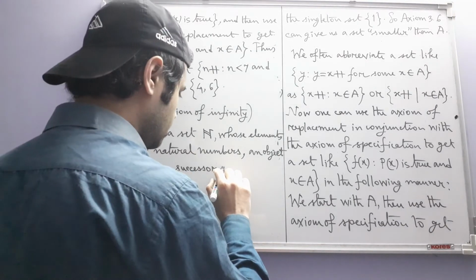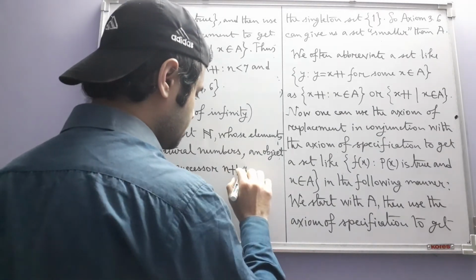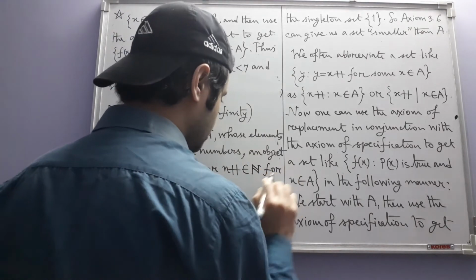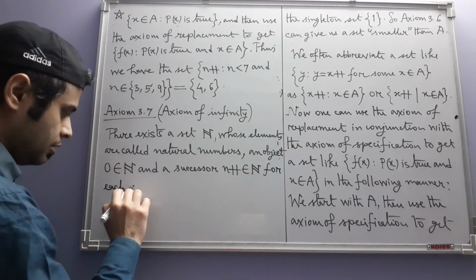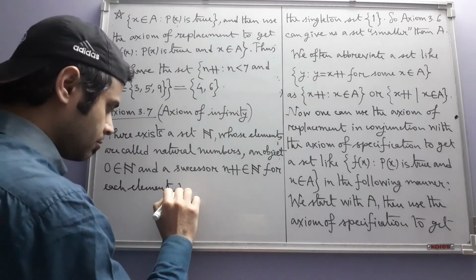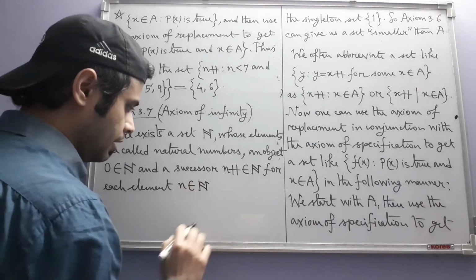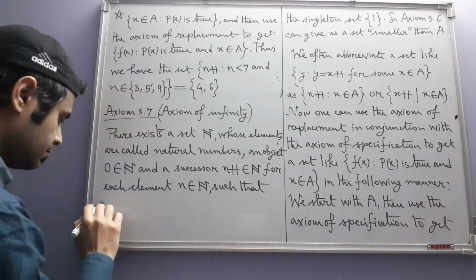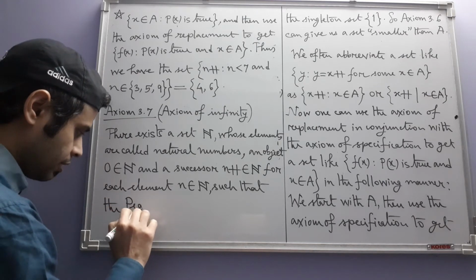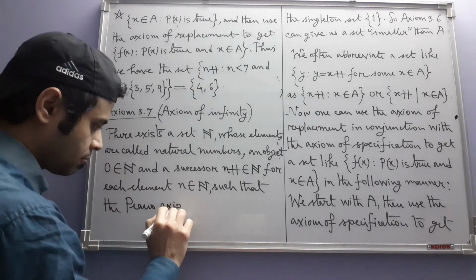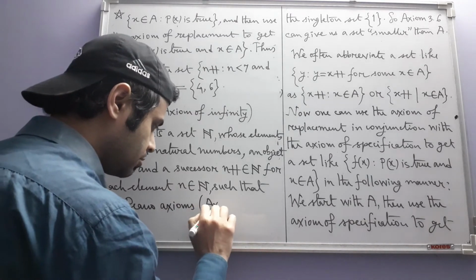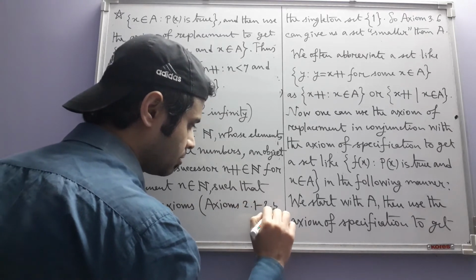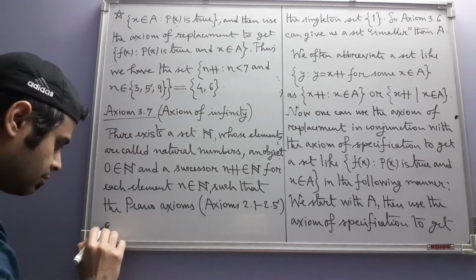A successor n++ belonging to N for each element n in N such that the Peano axioms, which are axioms 2.1 through 2.5, are satisfied.